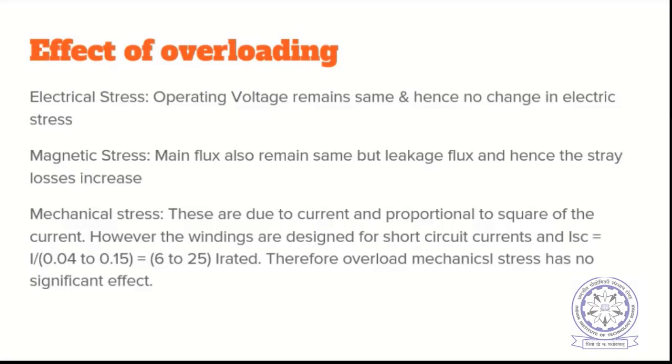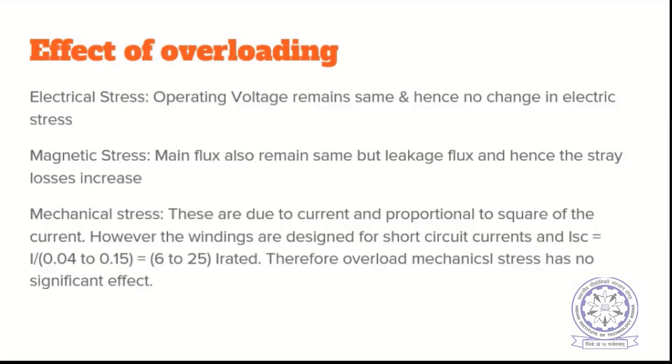Okay, so let us go back to what is leakage flux. Various students have given various definitions close to what it is, but it is not accurate actually. Someone said, the flux that does not link with both the windings.